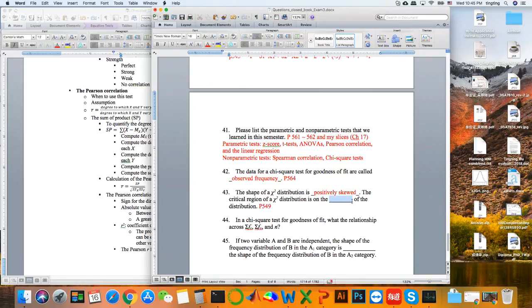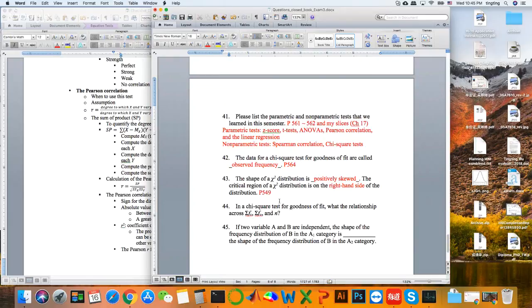And the critical region is similar to the F-test, on the right side of the distribution. This is a learning check question, and you can also see pages 564 to 565 for the definitions.